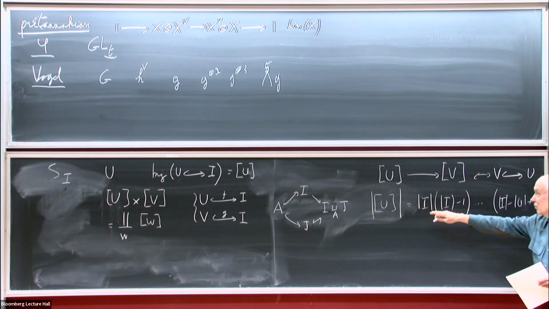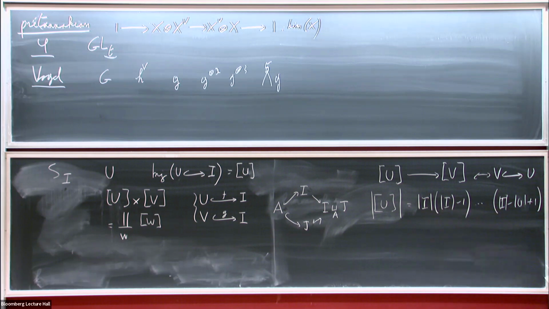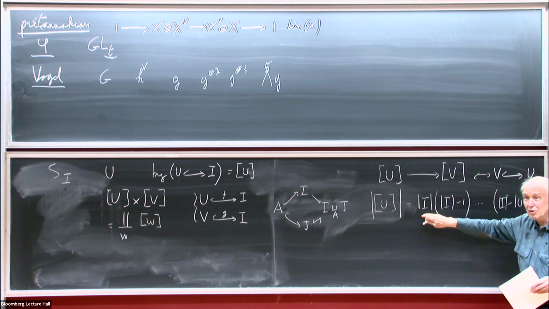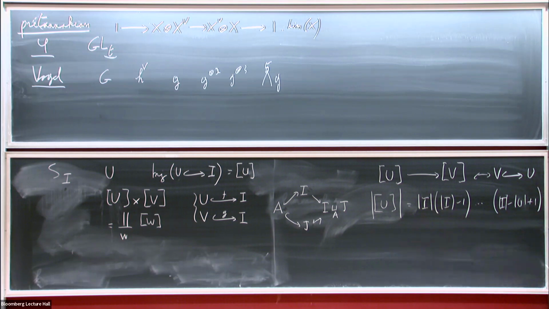So this is a polynomial with integer coefficients, in the cardinality of your set I.